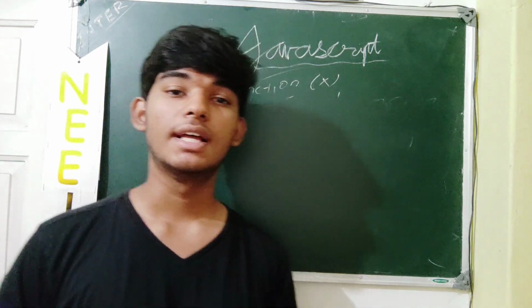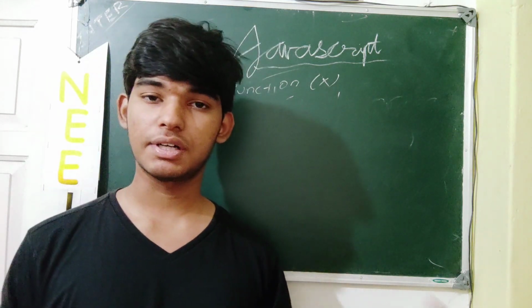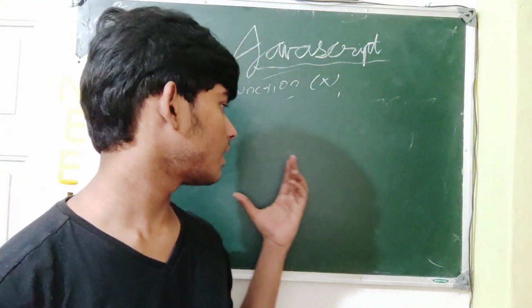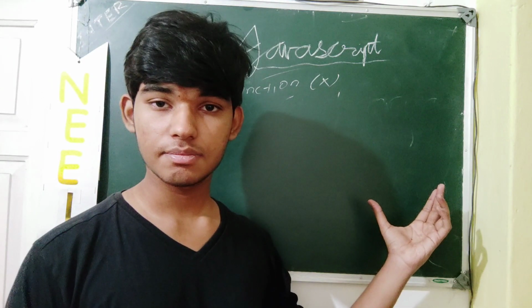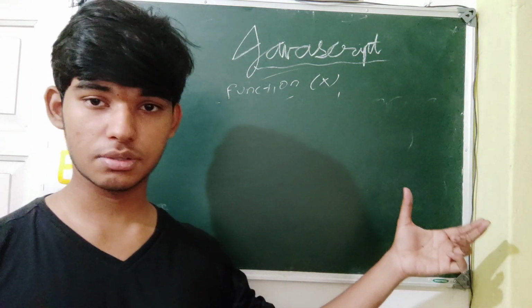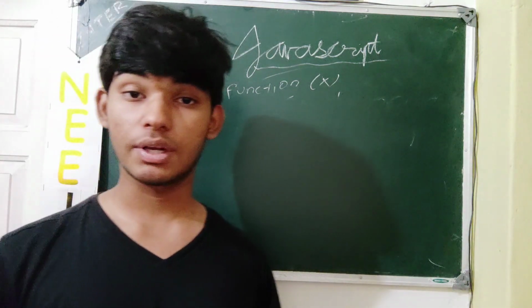But putting all of this aside, one other important thing is you can't really write a function without specifying the value of the function. So for example, if I write something like function and car, and don't write what car is supposed to mean and ask it to print, it will show an error.